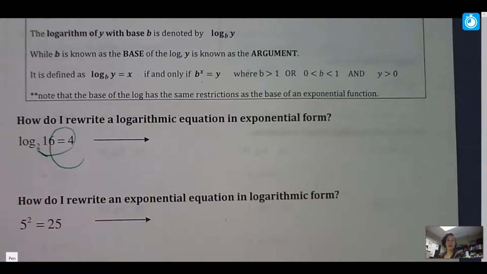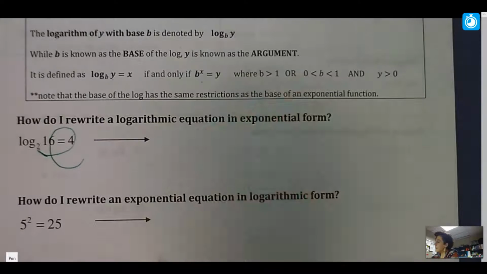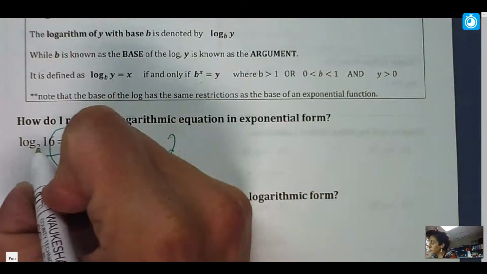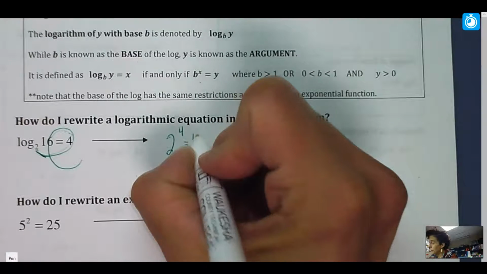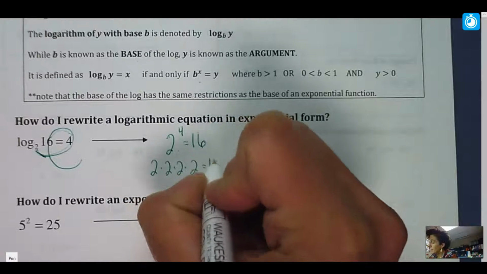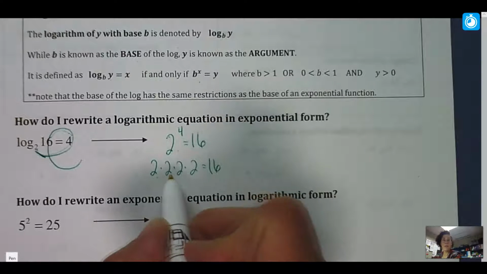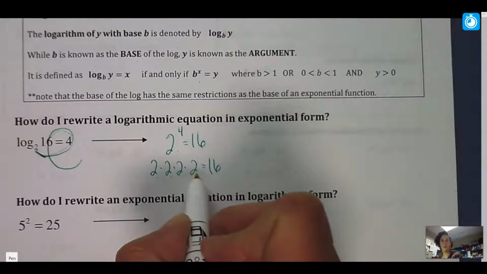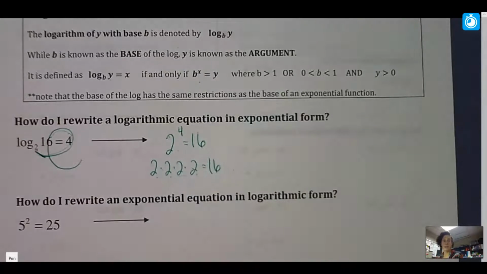And we make a very cursive, loopy e for exponent. So, 2 to the 4th power is 16. That is true because this just means 2 times 2 times 2 times 2. If you multiply these 2's, you get 4. If you multiply these 2's, you get 4. Then that 4 times that 4 is your 16.